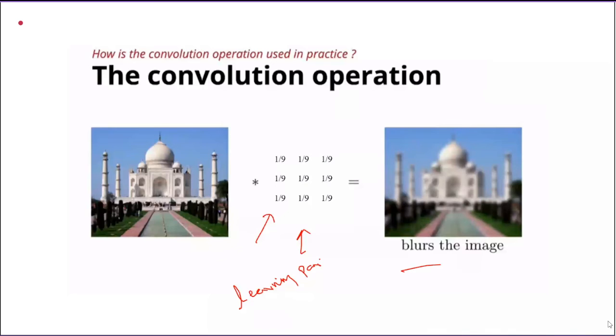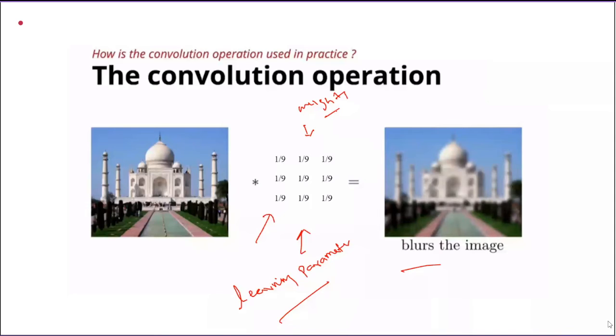All these values we call weights. Initially, while we are doing this convolution operation for the first time during a feed forward pass, these weights of the kernel will be assigned randomly.